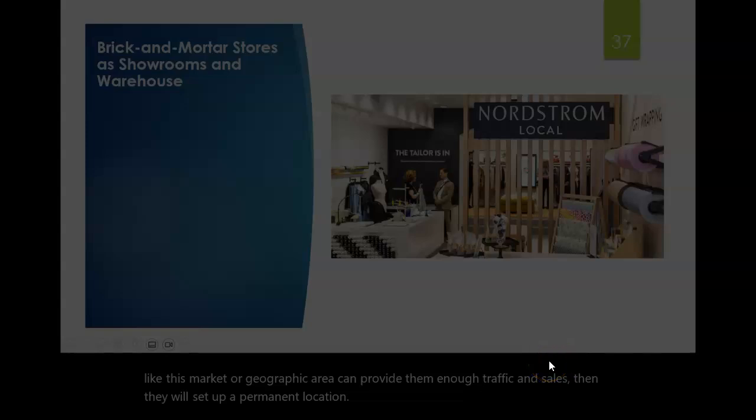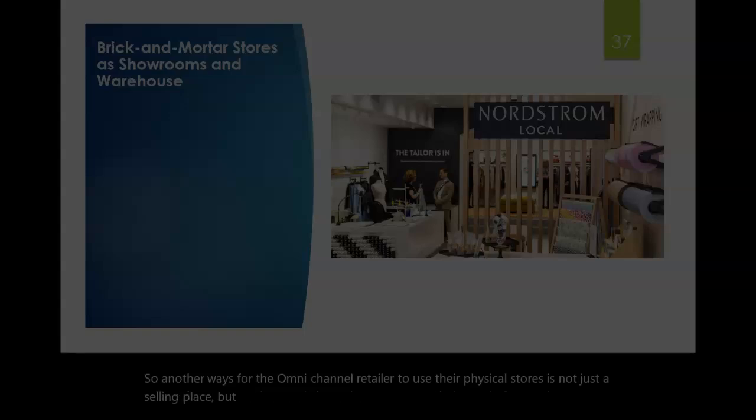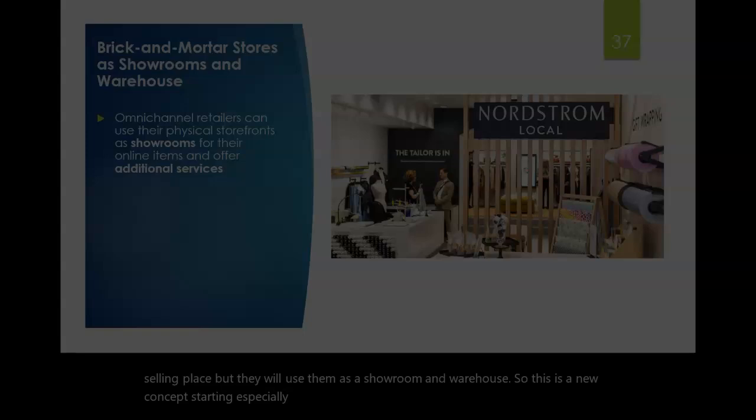Another way for the omnichannel retailer to use their physical stores is not just as a selling place, but as a showroom and warehouse. This is a new concept, especially more popular after the pandemic.